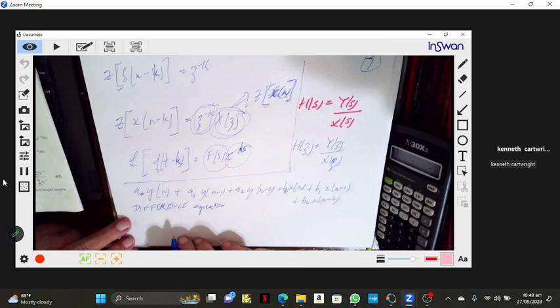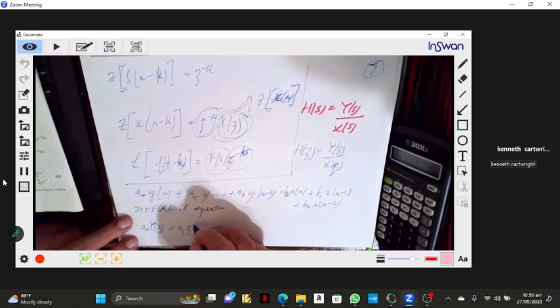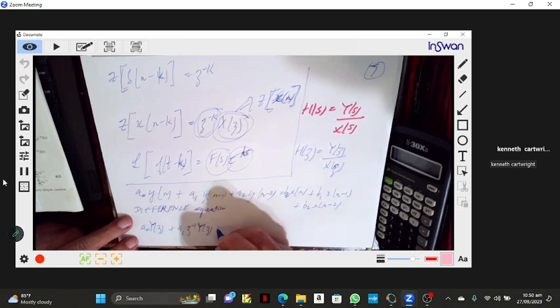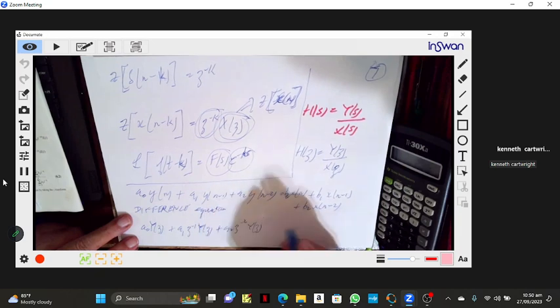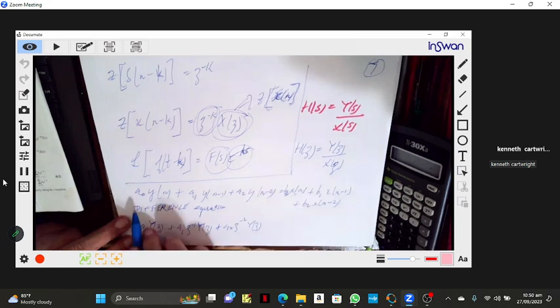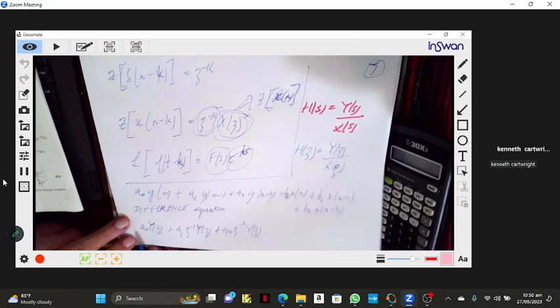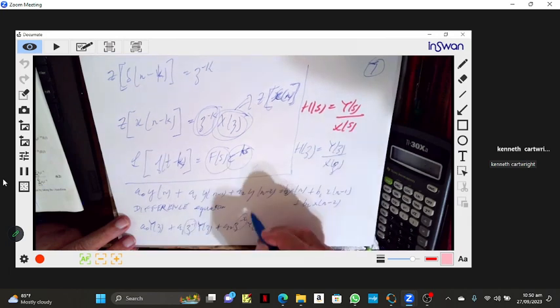Now let's take the Z transform. This becomes a0 Y of z plus a1 z to the negative 1 Y of z plus a2 z to the negative 2 Y of z. Because the Z transform of y is just Y of z, and we need this because we delay by 1, and we need this because we delay by 2.